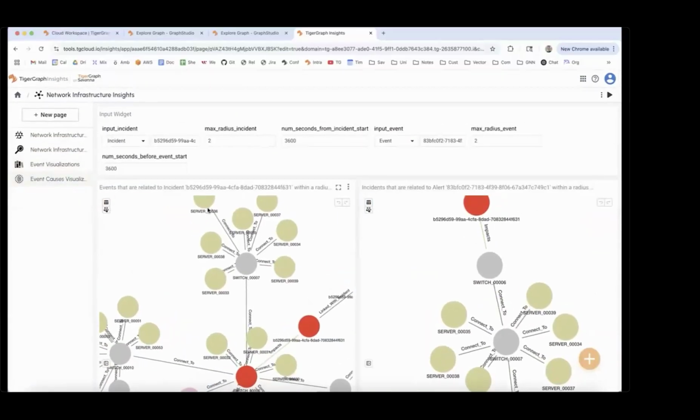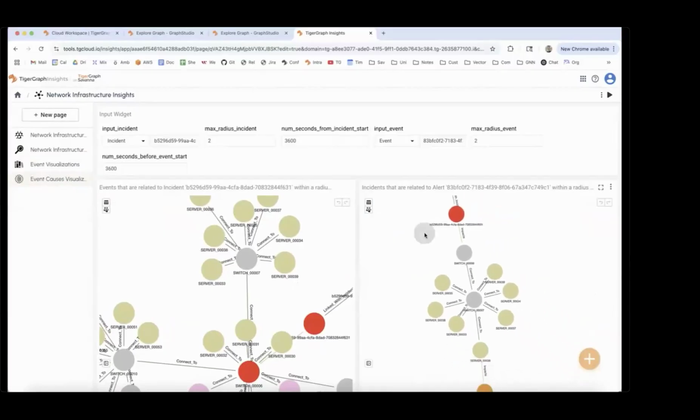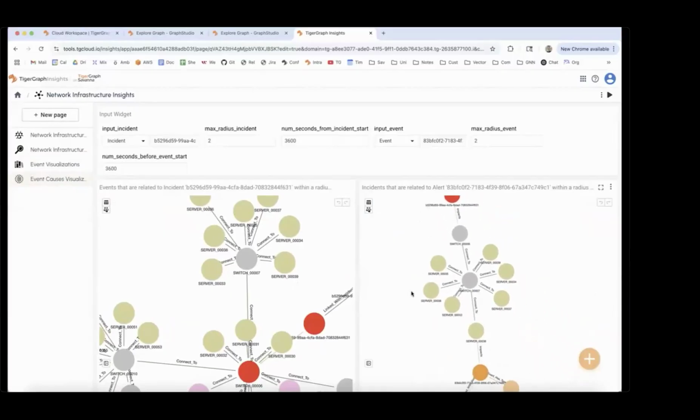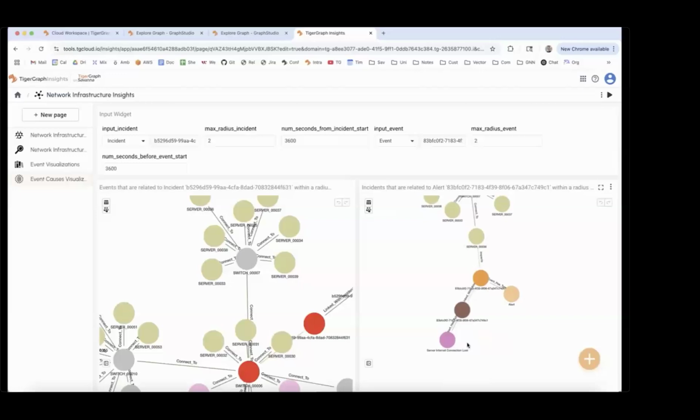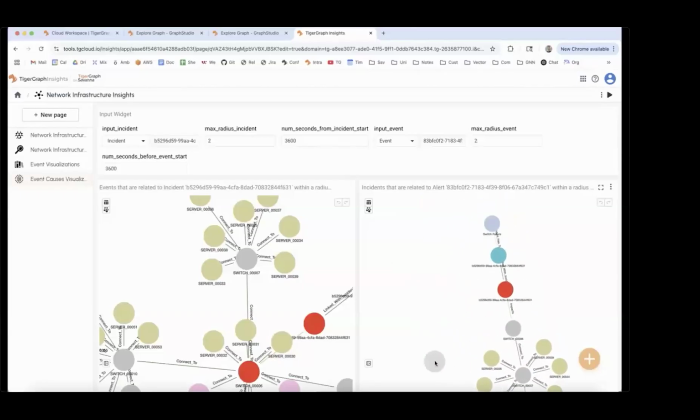And then finally, I have the causality tracing. So here I can trace the sequence of related events and incidents, and we can see the incidents that are related to a specific alert. So starting on the right-hand side, I can see that my server internet connection loss alert is connected to this incident, affected server 36, and I can trace it all the way back to a switch failure.